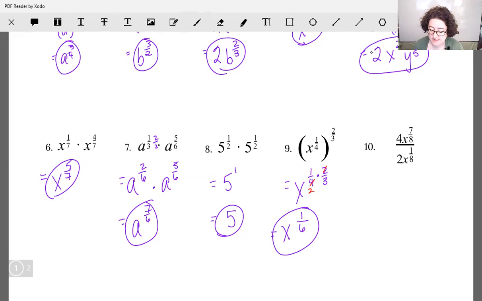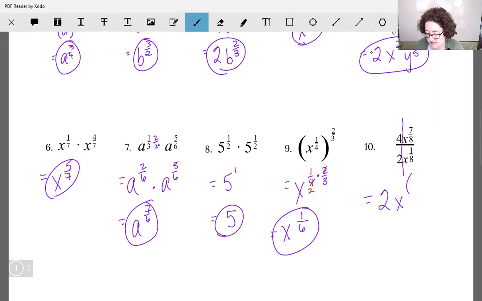Okay, and then our last example, we have 4x to the 7/8 divided by 2x to the 1/8. So our division rule, instead of adding our exponents, we're going to subtract our exponents. I do like to divide these up into 2 problems. So I'm kind of looking at my variables and I'm looking at my numbers. With my numbers, 4 divided by 2 just simplifies out to a 2. X to the 7/8 divided by x to the 1/8, I know I'm going to have to subtract.